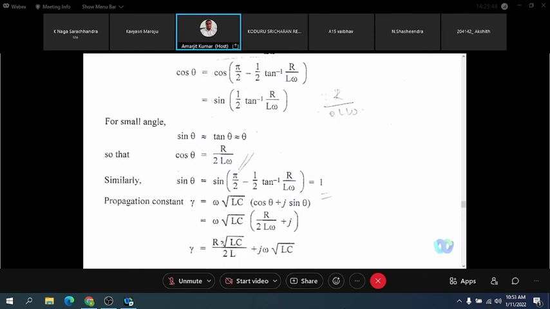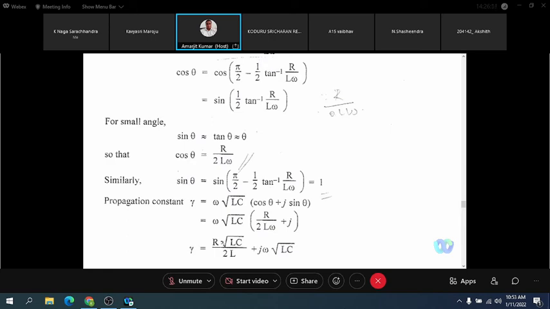Gamma is independent of frequency by doing the inductance loading of the telephone cable. By inductance loading of the telephone cable, we made alpha independent of frequency. And beta is equal to omega root LC, so velocity will be independent of frequency.